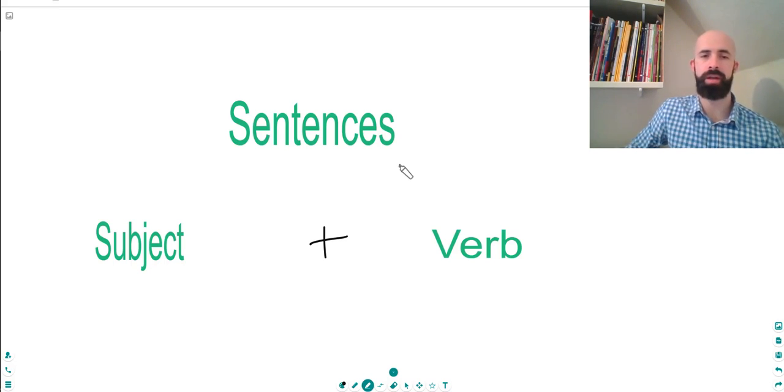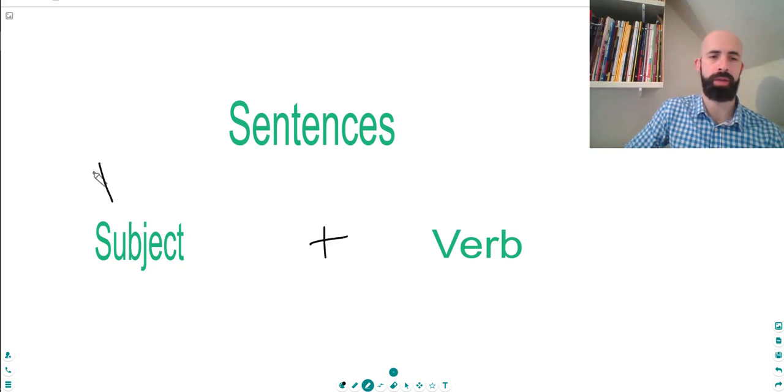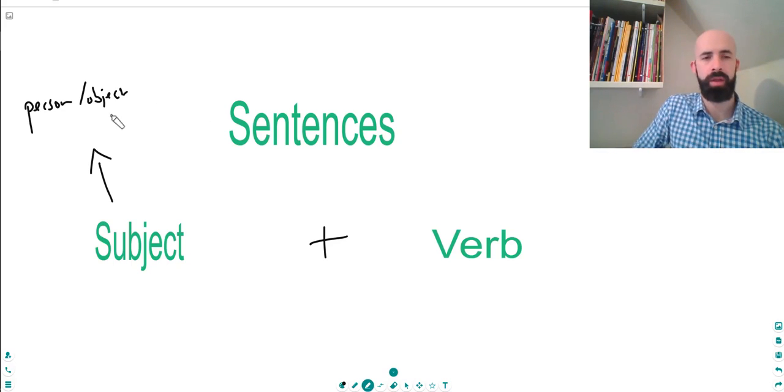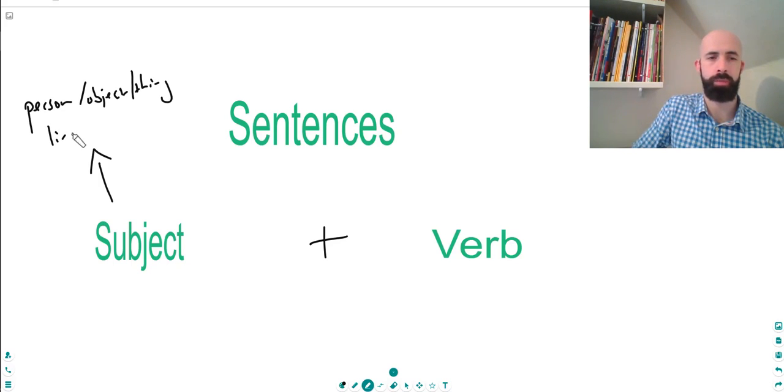So just to define what this term here is, the subject, this is usually a person, can sometimes be a thing, well, can quite often be a thing actually. Okay, so the subject is the person, object or thing that is linked to the verb.